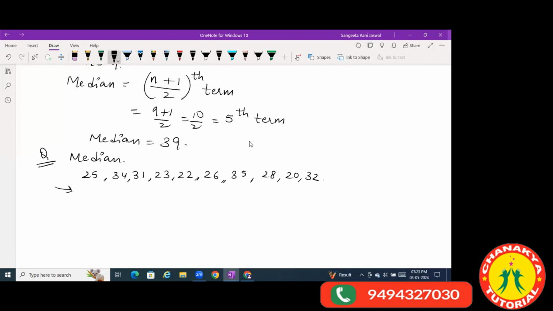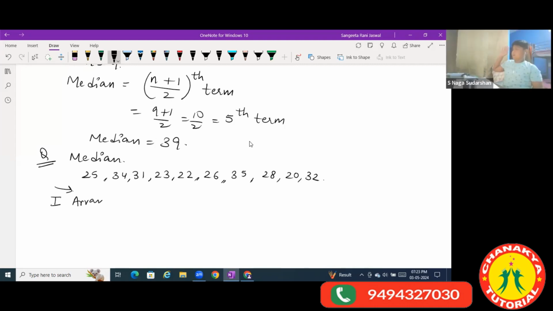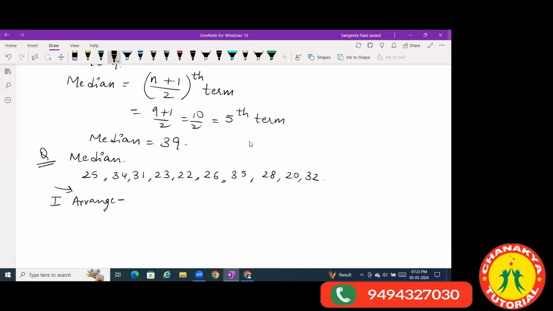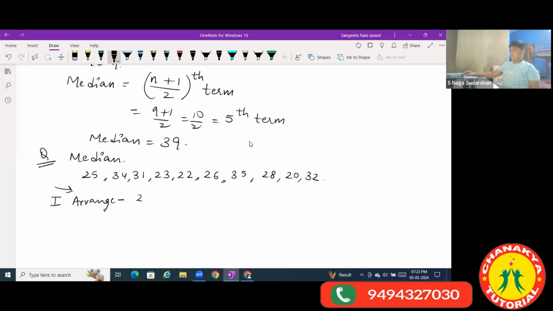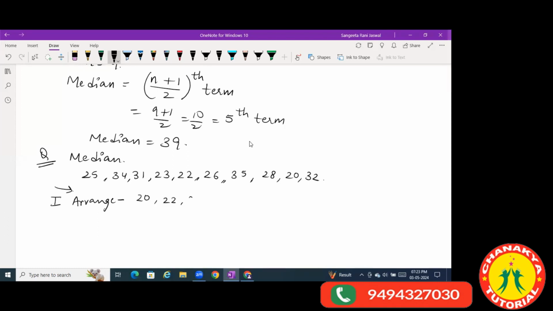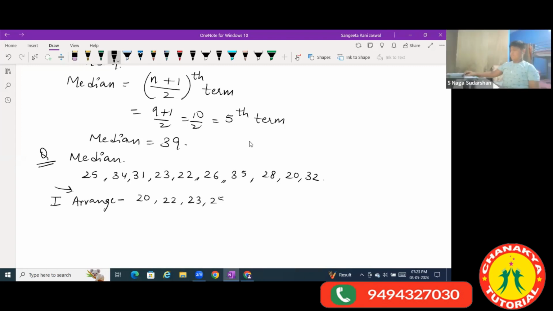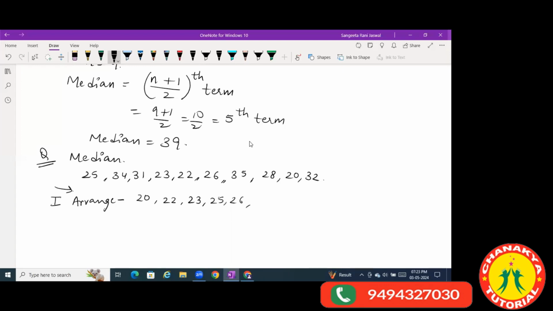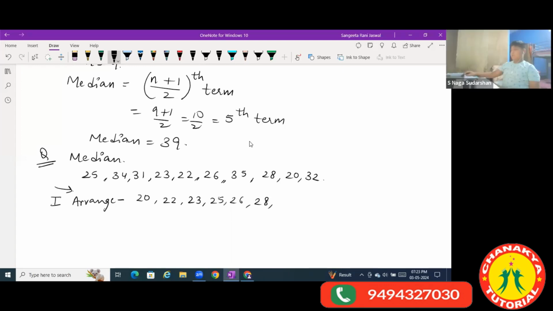First step is to arrange it in order. Ascending order. 20, 22, 23, 25, 26, 28, 31, 32, 34, 35.